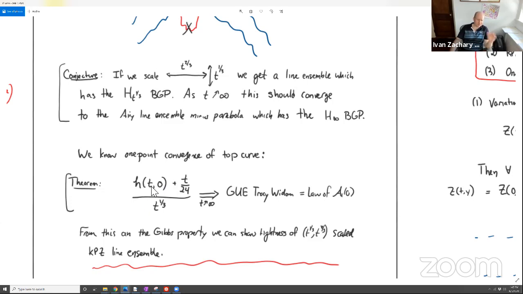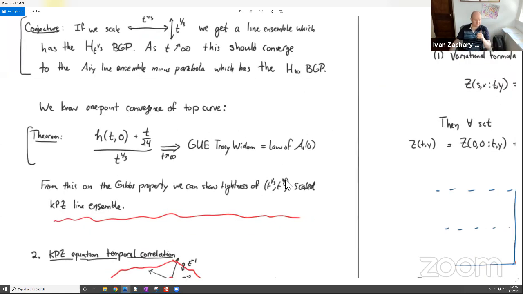By stationarity you can look at different locations, but for the top curve there's a centering that needs to be accounted for, and it will fluctuate like t to the 1/3 and converge to the law of the Airy process at 0. This, combined with the Gibbs property and a belief in uniqueness of these infinite volume Gibbs measures, gives us this conjecture. I don't know how to prove it.